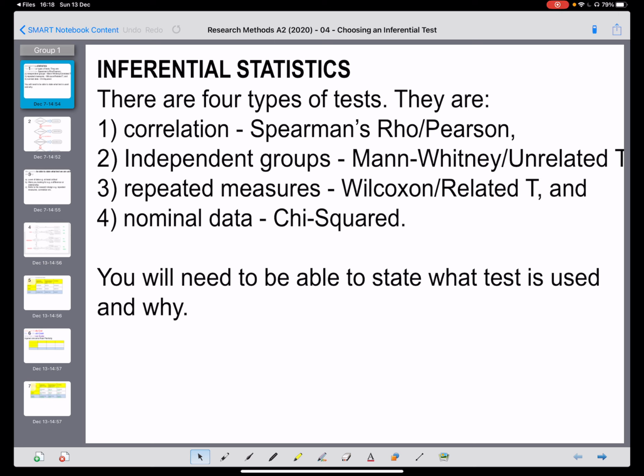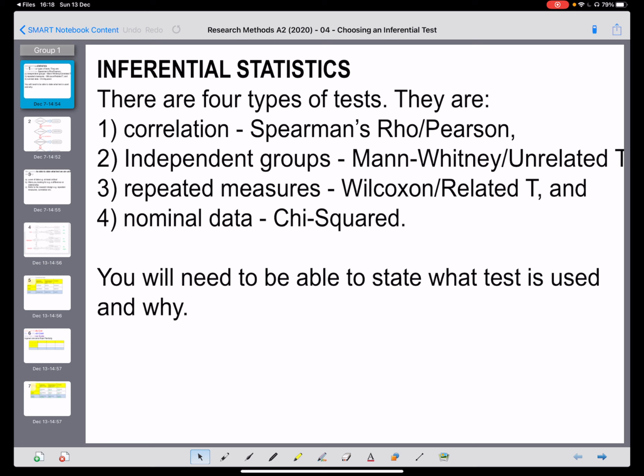Now, what we have is 4 groups of tests. I know individually, some schools might teach each of these particular types of tests separately for you to make sense of, but I've categorized them into these 4 categories.